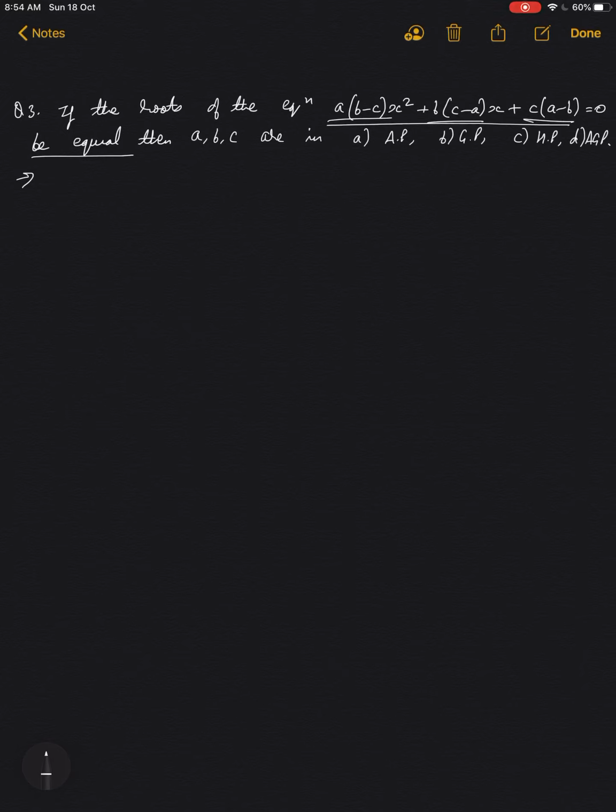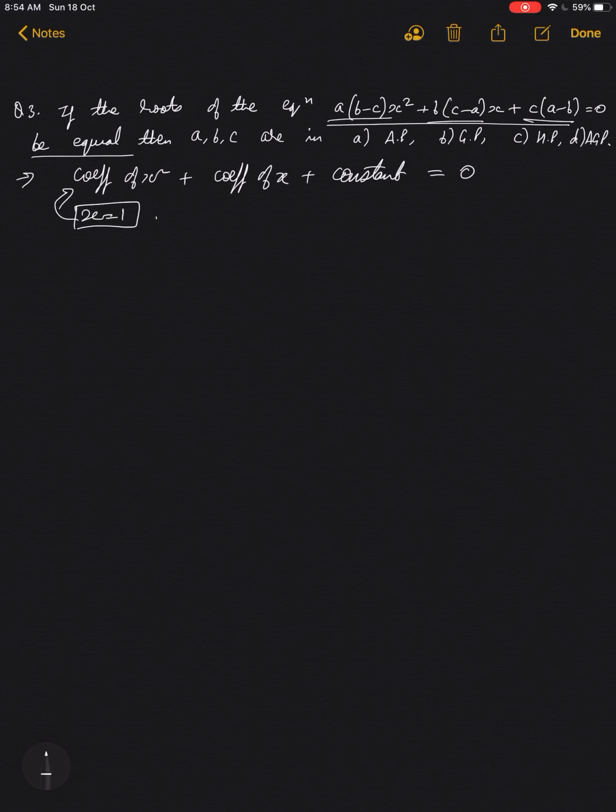The easy thing we have to remember is that whenever the coefficient of x squared plus the coefficient of x plus the constant in any quadratic equation is 0, then x equal to 1 is always a root of that quadratic equation, right?